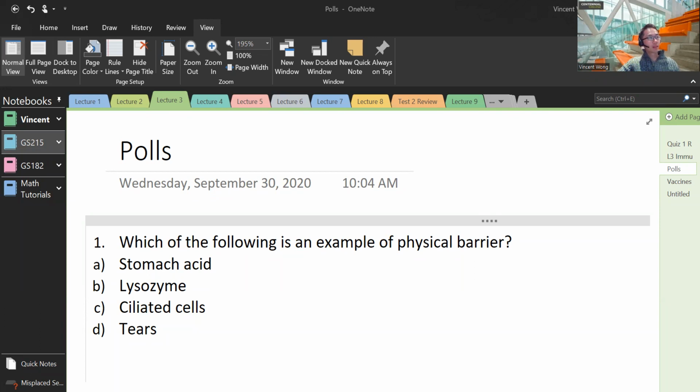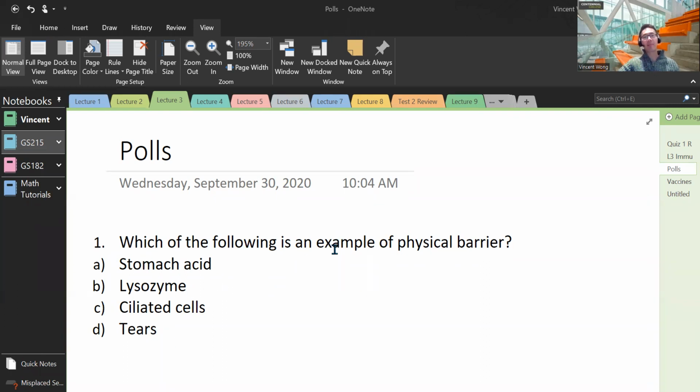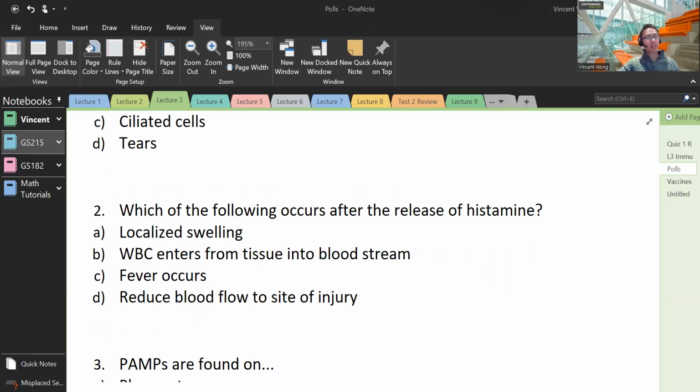Okay. Most of you got it right. It is the ciliated cells, right? The stomach acid, the lysozyme, and the tears, they are all examples of chemical barriers. This is another one.